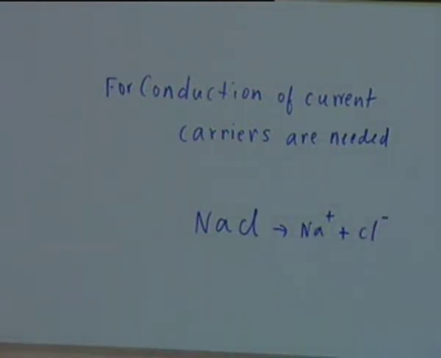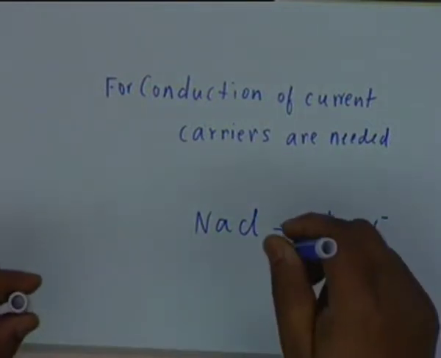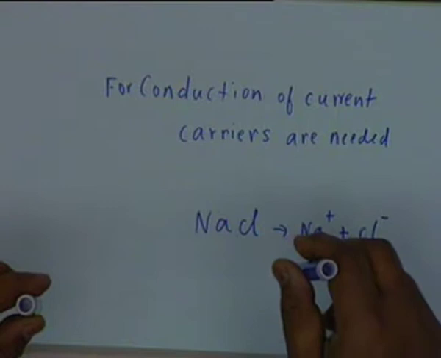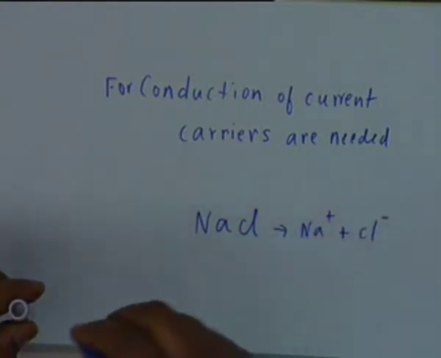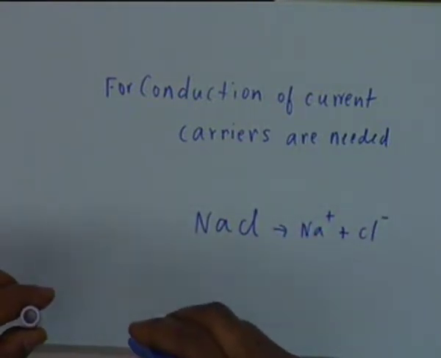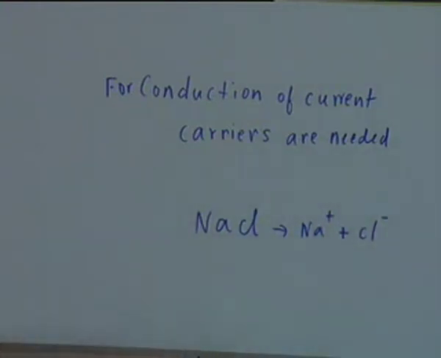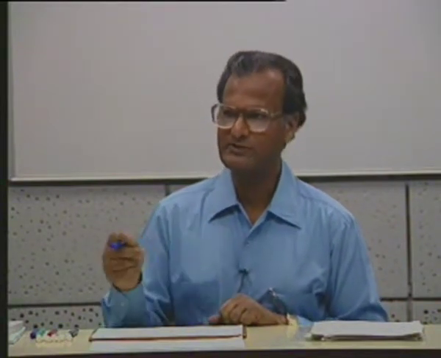Under the action of an electric field, which happens if you put two electrodes, an anode and a cathode, the negative charges are attracted towards the positive electrode and the positive charges are attracted towards the other electrode, and this is how current conduction happens. For current conduction there must be charges, and the charges cannot go from one place to another, they must be carried by a carrier.